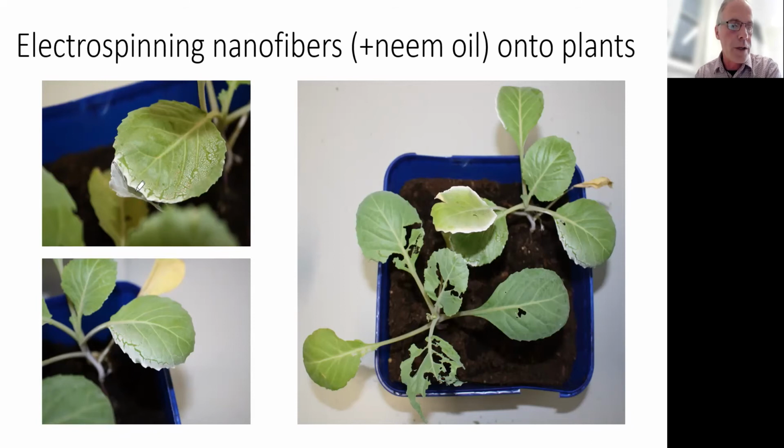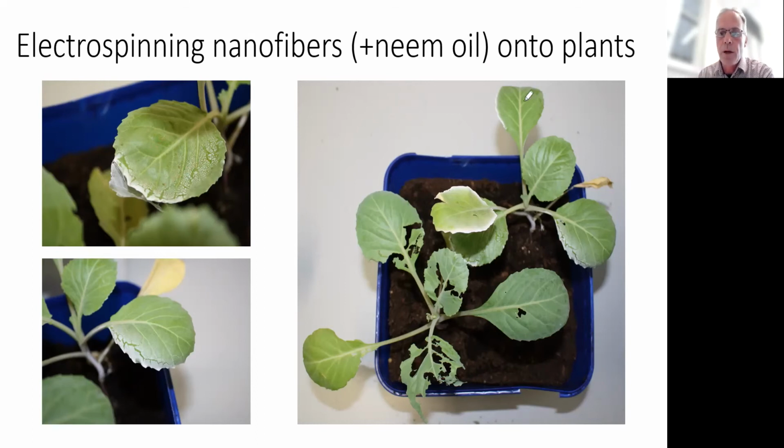This was a solvent-based electrospray. The solvent had evaporated by the time the fibers had deposited, so we didn't damage the seedling. And in this case, we had loaded into the nanofiber neem oil. Neem oil is an anti-feeding organic insect repellent, essentially.